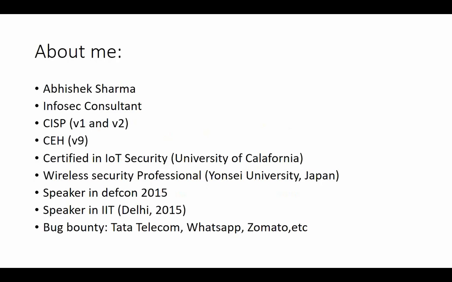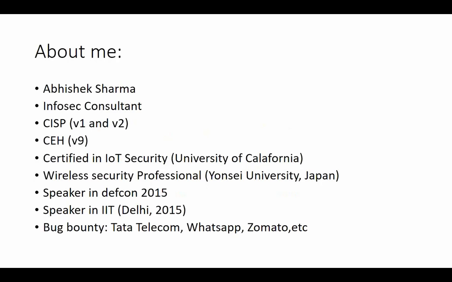I've presented at various conferences such as DEF CON. Most recently, I have submitted my research work for WhatsApp and Zomato. Apart from that, I spoke at IIT Delhi in 2015 on vulnerabilities in WhatsApp, and my bug bounties are from Tata, Paytm, Lenovo, and others.